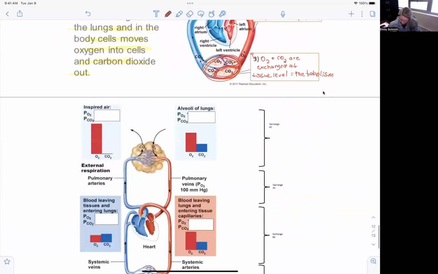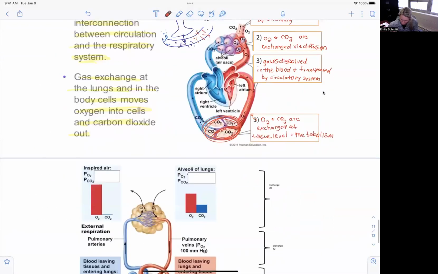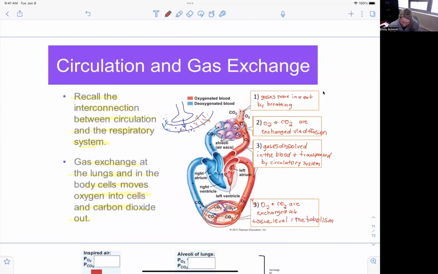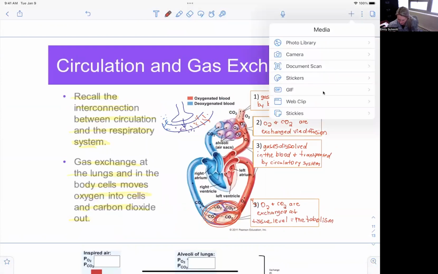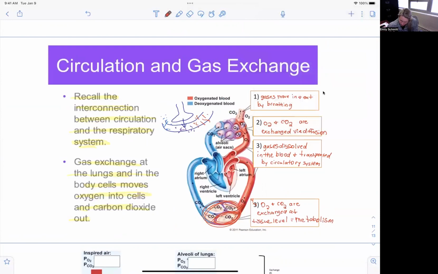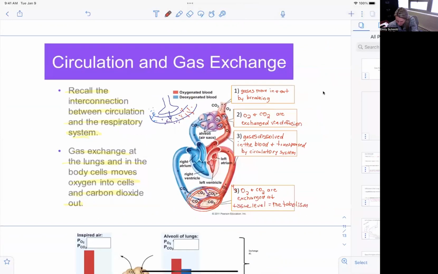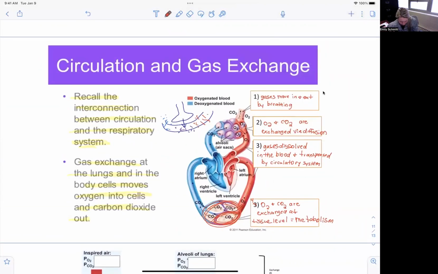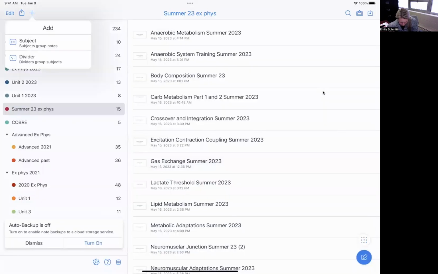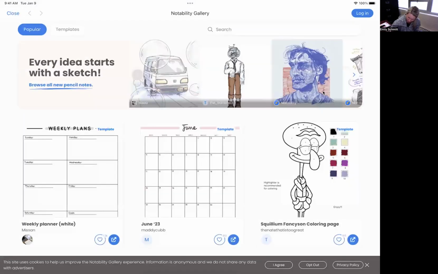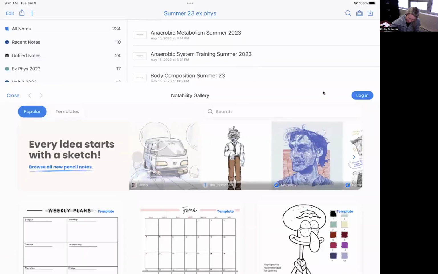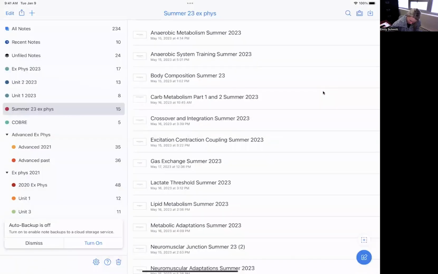So what I would love to do before I get there, let me add just a blank page. Can I do that on the fly? Well, interesting.